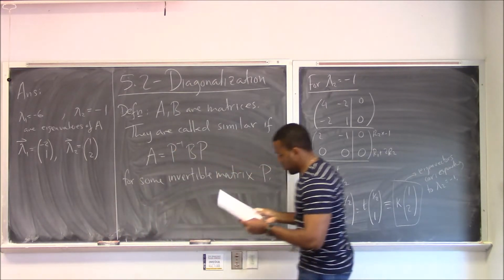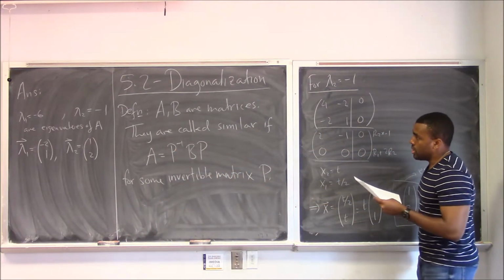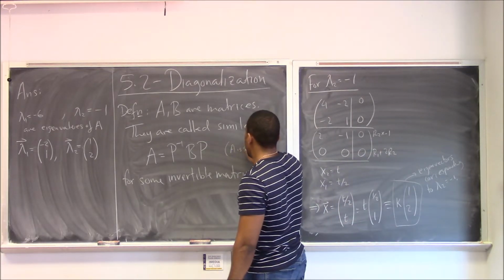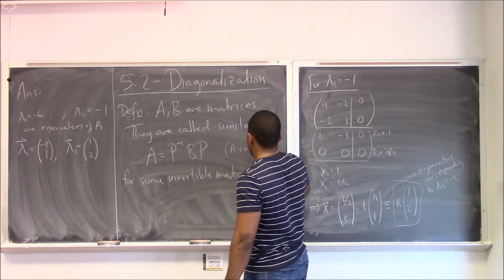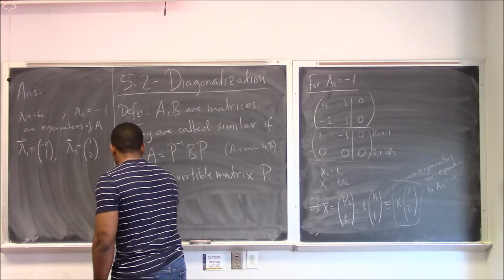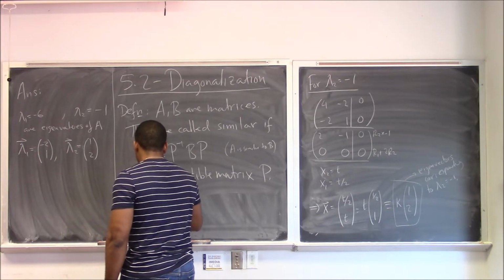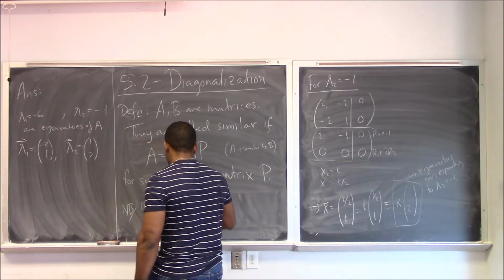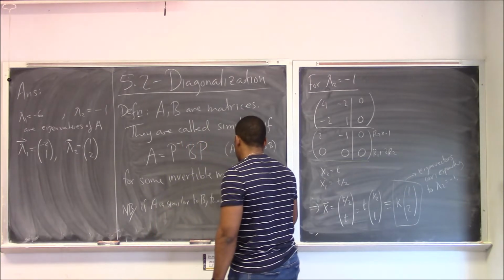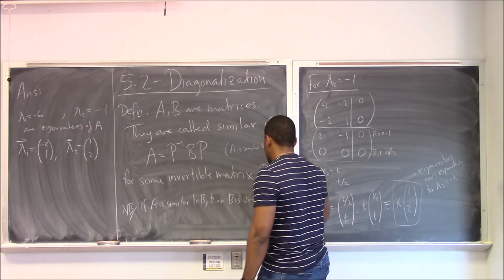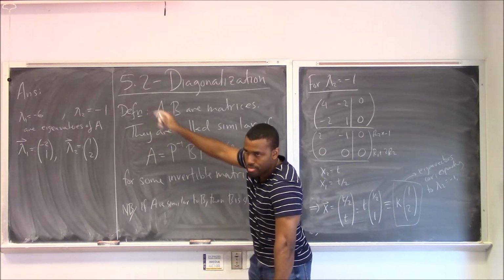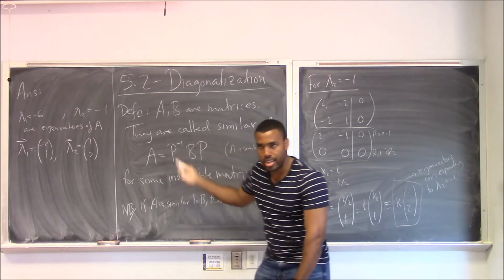So we start with the definition of similar matrices. This is saying A is similar to B. And you can note it's of course symmetric. If A is similar to B, then of course B is similar to A. Because P is invertible, I can multiply both sides, move the P's to the other side, and I get the same relationship.